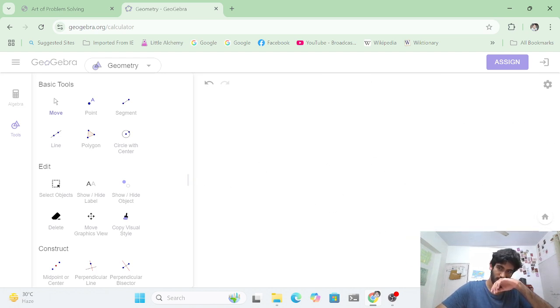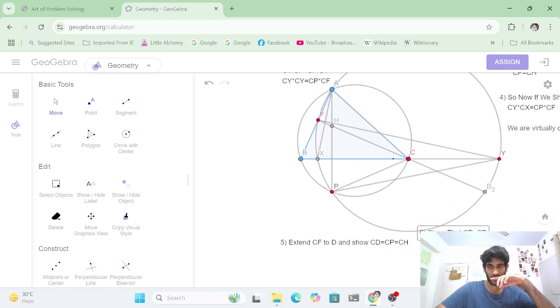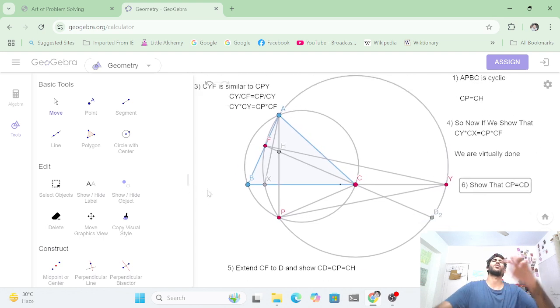So this is what I want to do now. I want to show that CP is equal to CD, which is equal to CH. This is the final step, but I wrote it as the fifth step. It is not a separate step in itself. So how do I go on doing that?